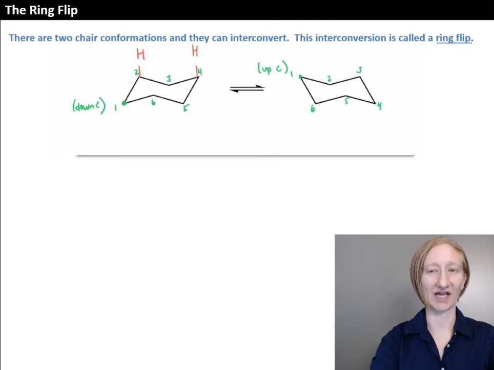Then we can place our hydrogens. I'll start with the axial hydrogens in red, and I'll place the equatorial hydrogens in blue.